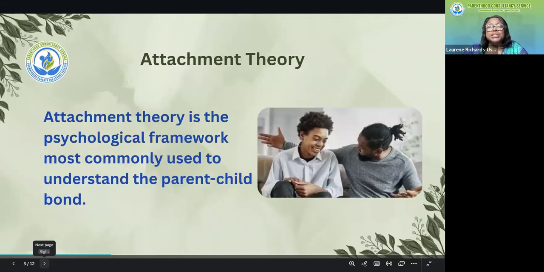The word attachment comes from the theory of two psychologists by the name of John Bowlby and Mary Ainsworth. They say that attachment theory is the psychological framework most commonly used to understand the parent-child bond.